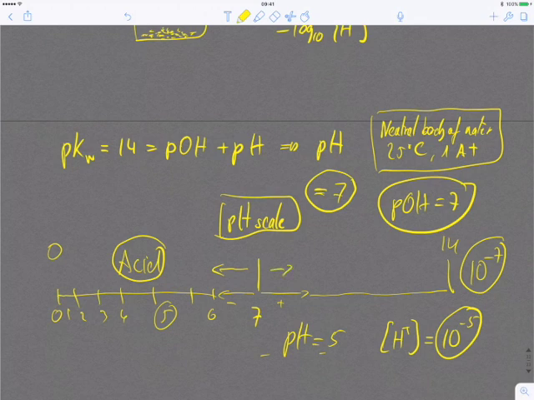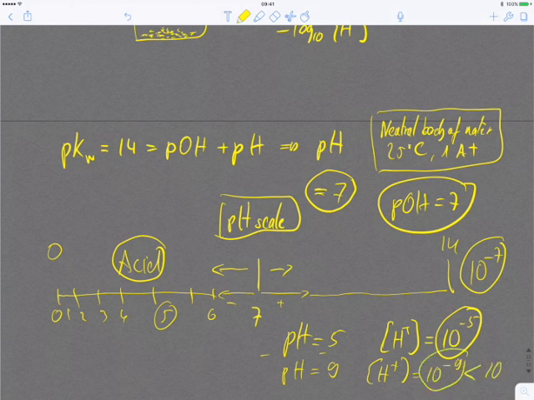If you're increasing the pH, for example to 9, the concentration will be 10 to the power of minus 9, which is smaller than 10 to the power of minus 7, meaning it's going to be basic because you have less H plus in solution.